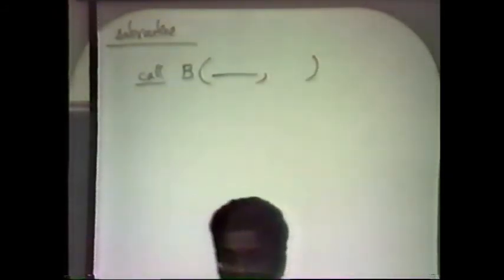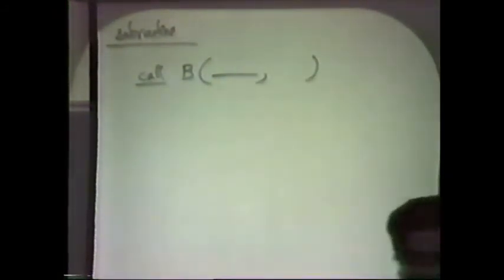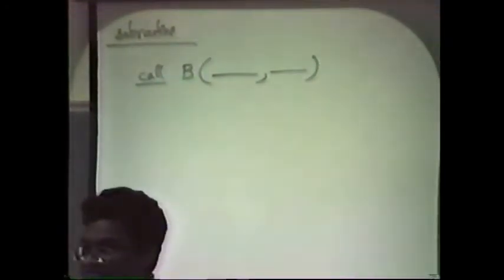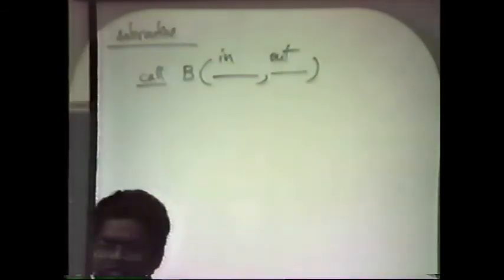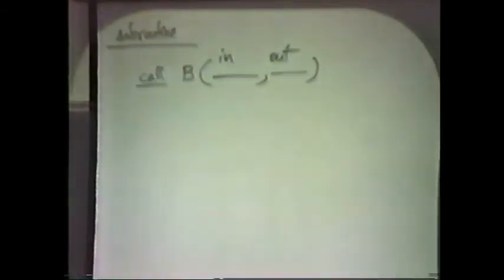So, compared to our old call, routine B in general takes certain number of input arguments, certain number of output arguments. In general. And for clarity, we are grouping them in two separate lists. But they don't have to. But let's do that for a minute.